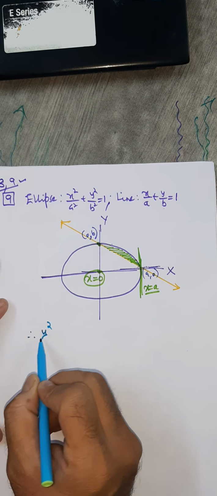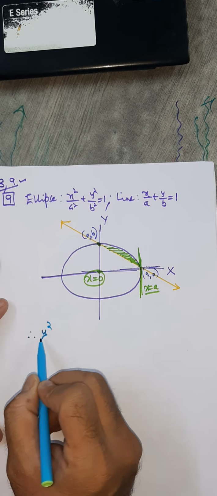So integral 0 to a. What is y? You did it now. That is b by a into root of a squared minus x squared minus y. What is y? b by a inside the bracket (a minus x) and then whole dx. Okay, now I'll just integrate this. You can take b by a common before I integrate it. Let's take b by a common here.